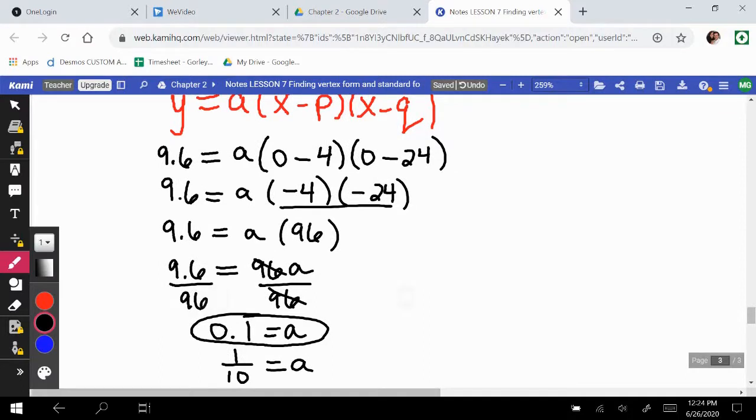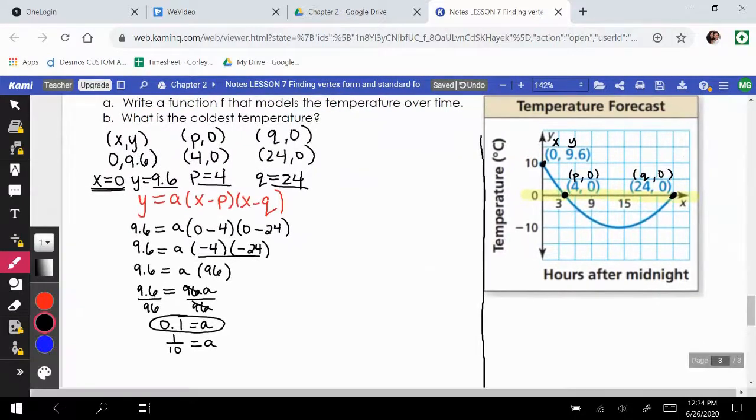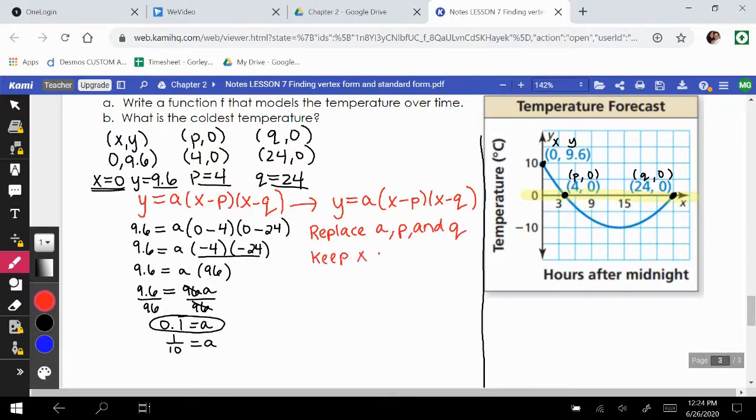And now I'm going to rewrite this original function here. Okay, again, the original equation was y equals a, x minus p, x minus q. When we're rewriting it, we're going to replace a, p, and q with constants, but we're going to keep x and y as variables.